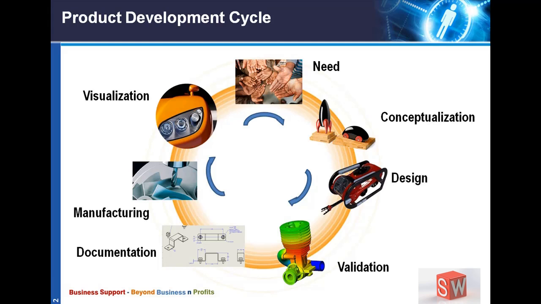But when you learn SolidWorks, you can do all this on one single platform. SolidWorks has an interface where you can do sketching, modeling, validation, simulation, as I told previously, and also you can do product data management, that is, collaborating with different engineers working in a small work group. And that's all about the product development cycle.